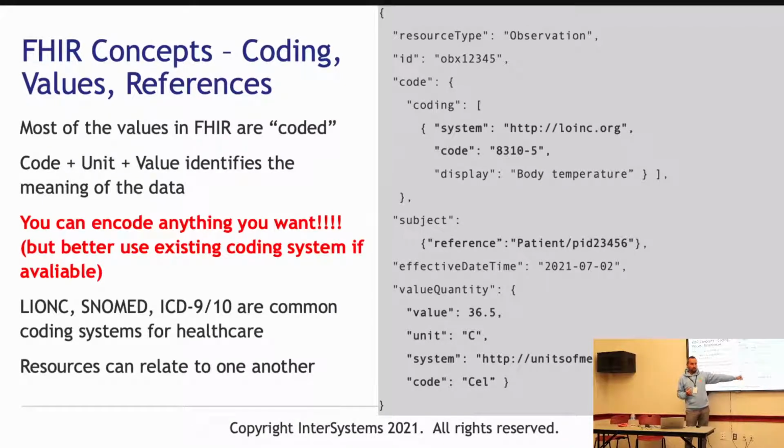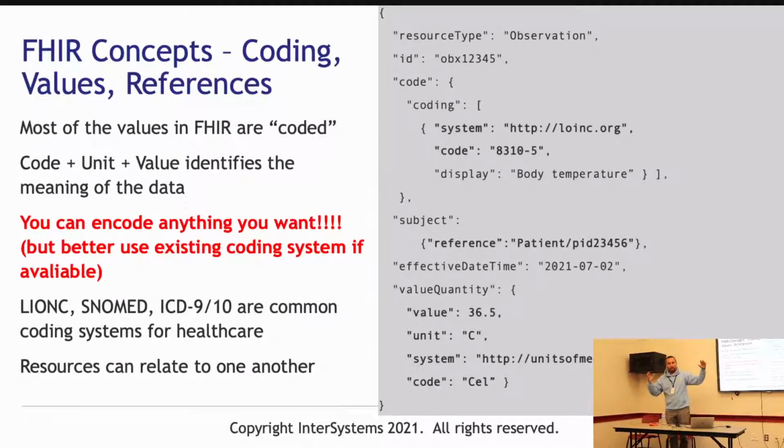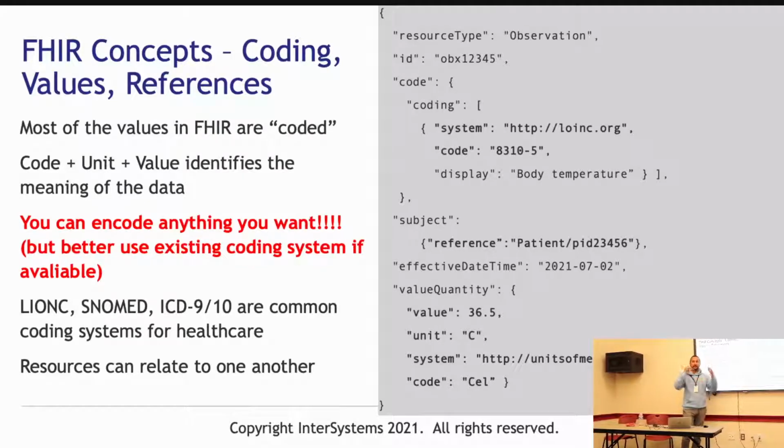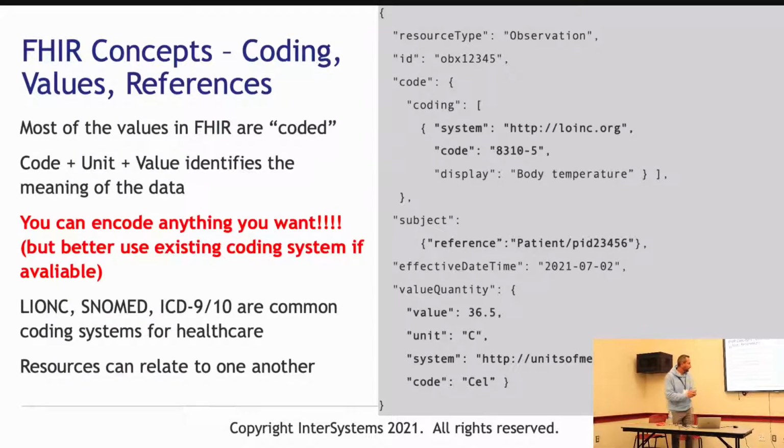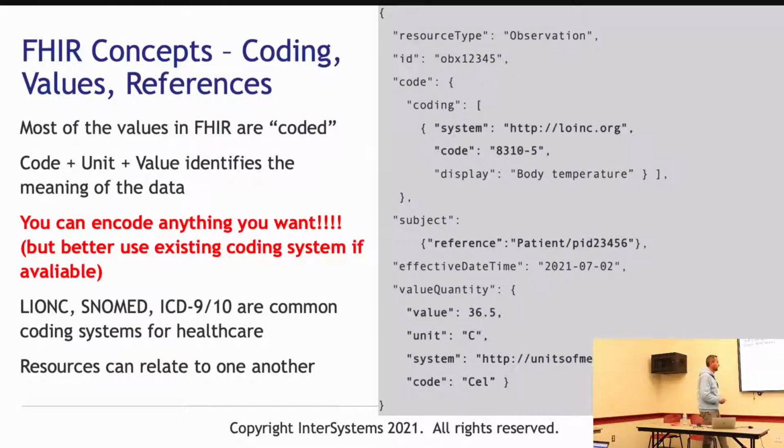So not absolutely all, but most of the values in FHIR are coded, and this coding system is extremely important. In fact, in FHIR you can include pretty much any value or any condition you want. You just create your own coding system.